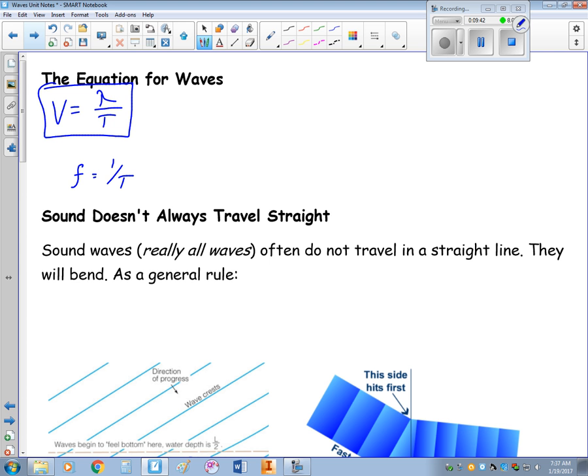So I can do some substitution. I can see that velocity also equals the wavelength times the frequency. So that's 2 ways of calculating how fast a wave travels.